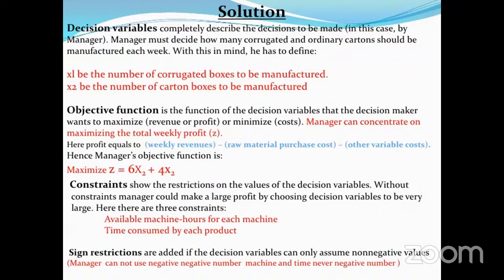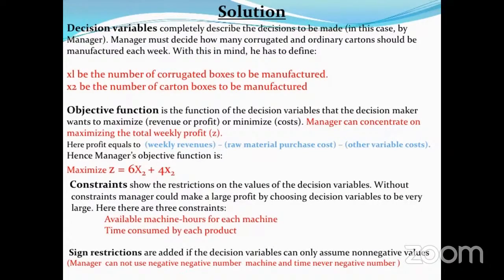Then constraints. What constraints do we have? We have two conditions, that is two machineries we have to use, which have limited time. A constraint shows the restriction on the values of the decision variables. Without constraints, the manager could make a large profit by choosing decision variables to be very large.